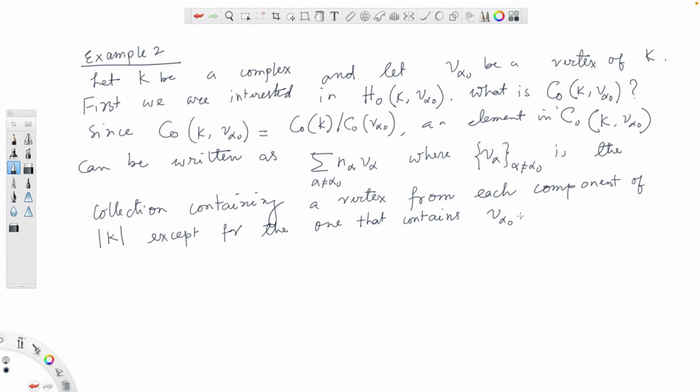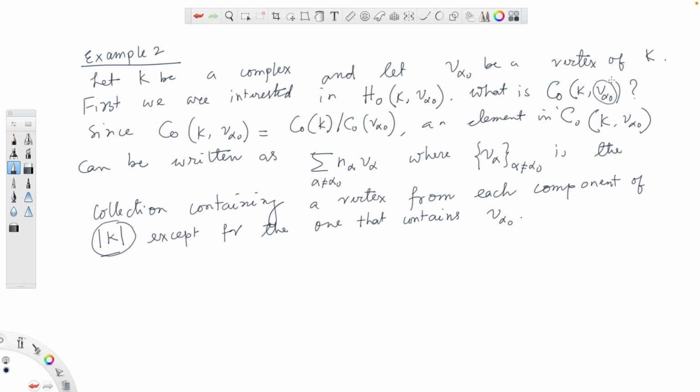So we have to take the topological space mod K, which is the underlying space of the complex K, and pick up a vertex from each component of this topological space, except for the one that contains the vertex v alpha 0.